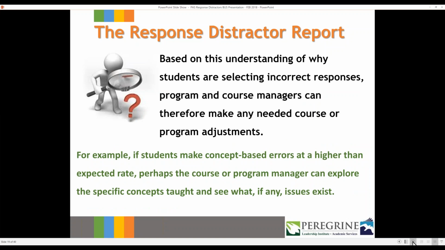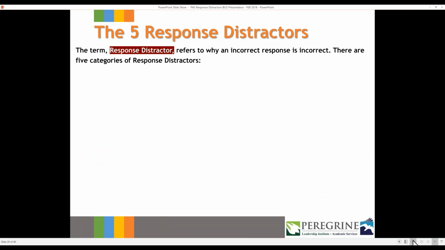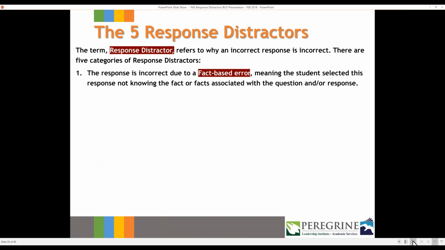So what we did is we took our test bank and coded all the incorrect answers to one of the 5 response distractors. The first is the fact-based error.